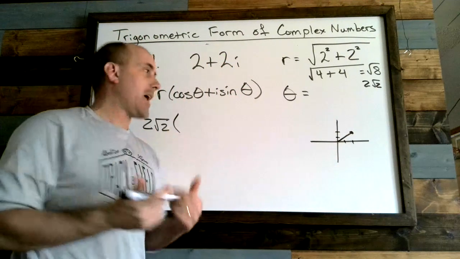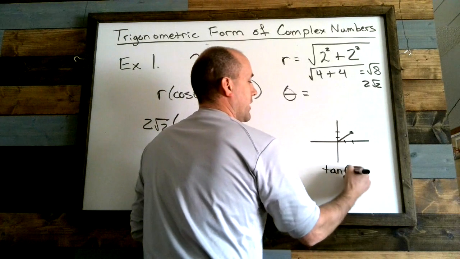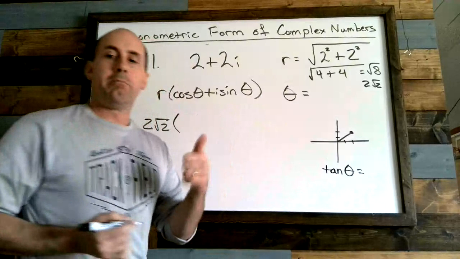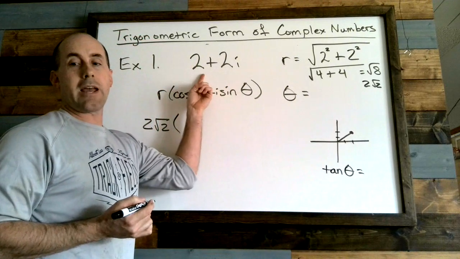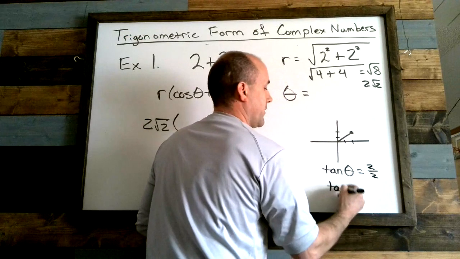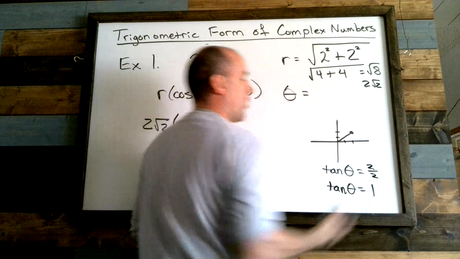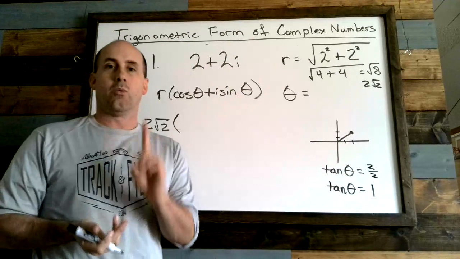To figure out the angle, we solve tangent of theta is equal to b divided by a. b, which is 2, divided by a, which is 2. So 2 over 2, or tangent of theta, is equal to 1. Where is tangent of theta equal to 1?